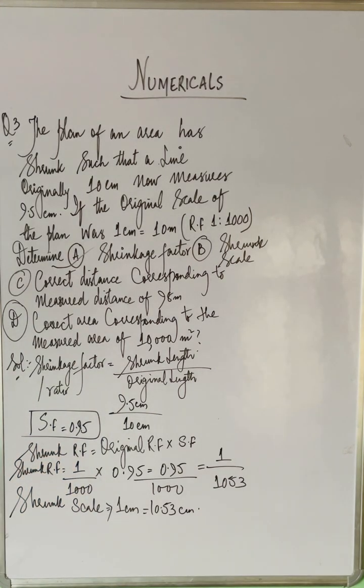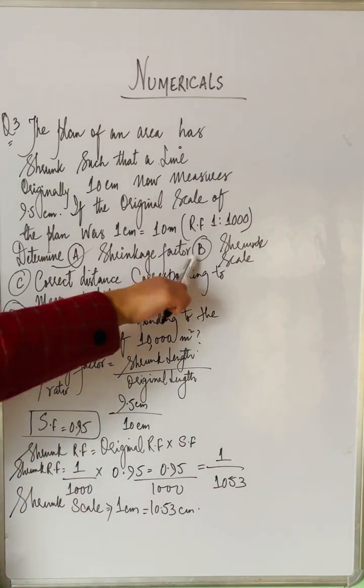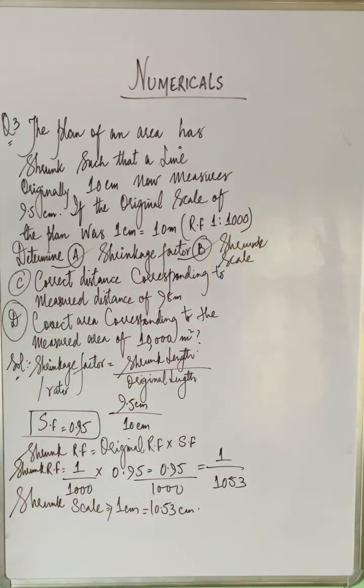This is our shrunk scale, right? We calculated shrinkage factor first, then we calculated the shrunk representative fraction, and thereby we obtained this shrunk scale. So part 2 of the question is completed as well. Shrunk scale is 1 centimeter is equal to 10.53 meters on the ground.